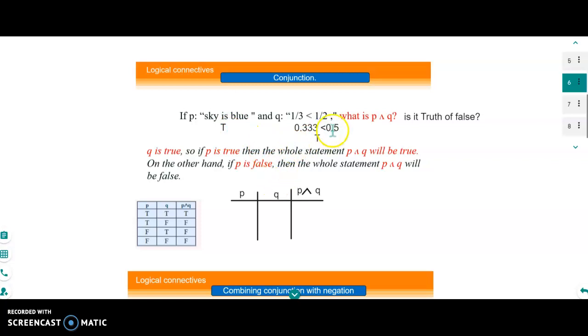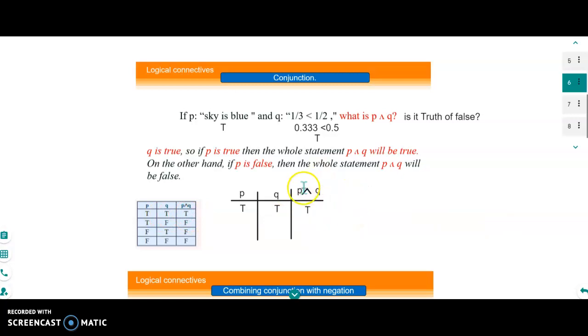So we write these truth values here. P is true and Q is also true. Now we find out the truth value of P and Q. Let's check in the table, our useful table here, and we check that true and true will be true. So the final answer is true.